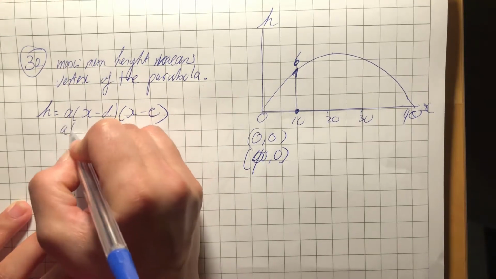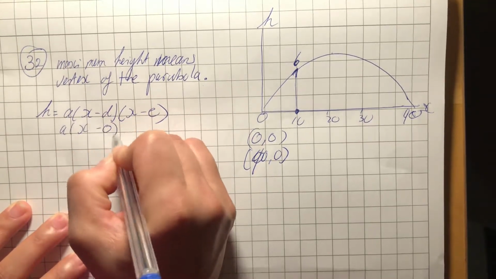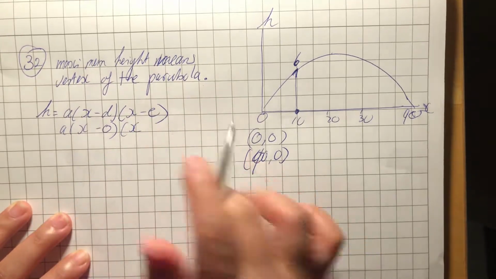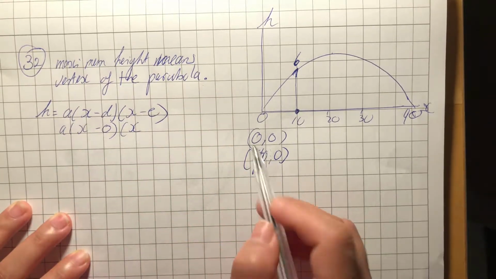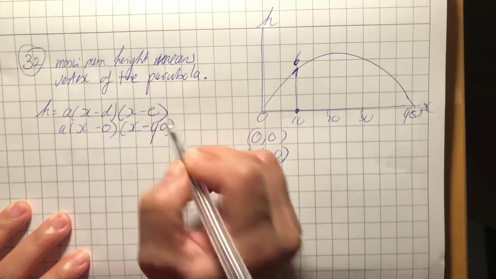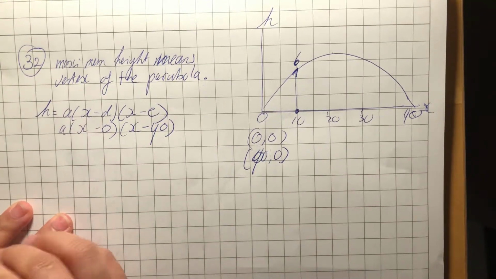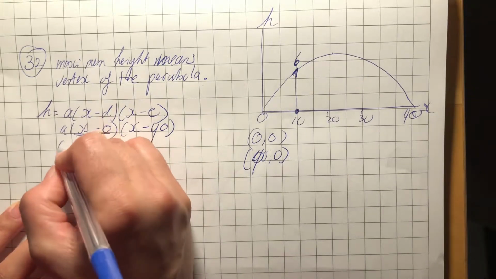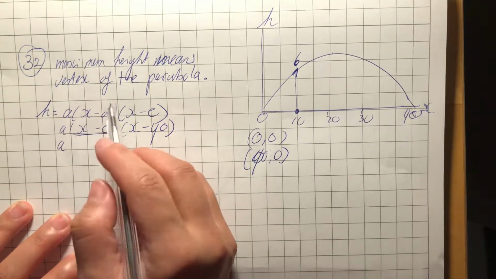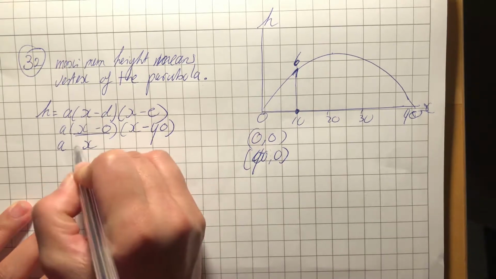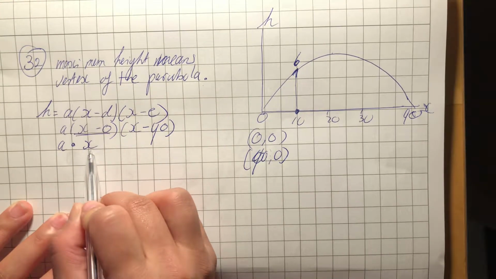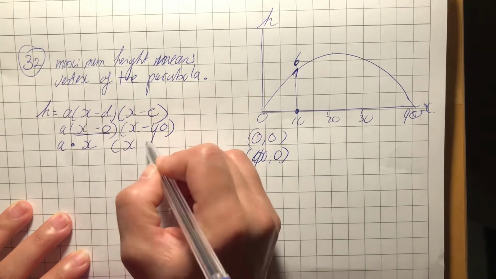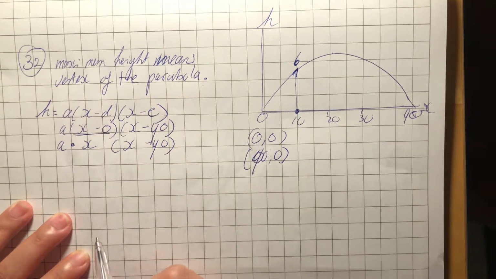We get a times (x minus 0), and we know we want negative e, so we fill in minus 40. Now, x minus 0, we can simplify. x minus 0 is just x. So we get a times x, and this part will stay x minus 40.